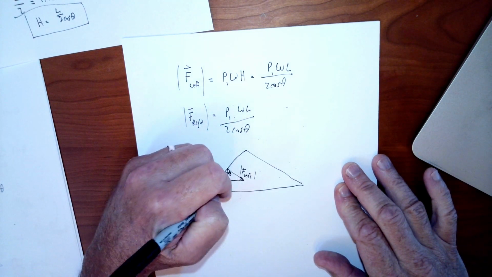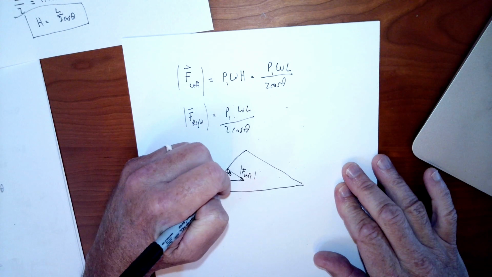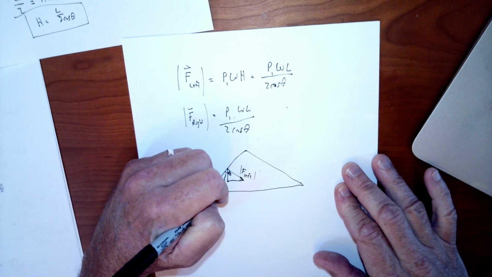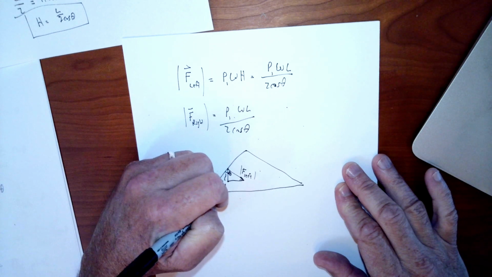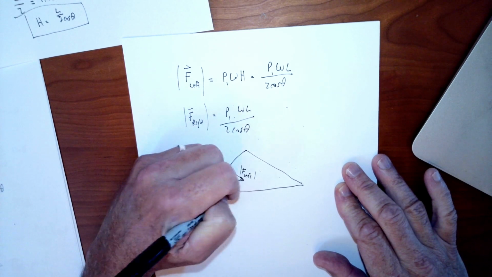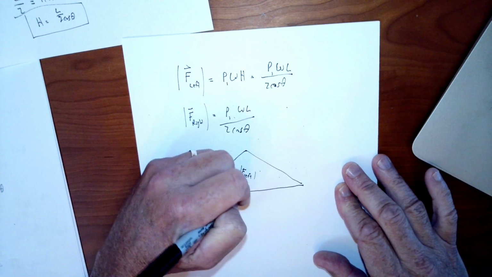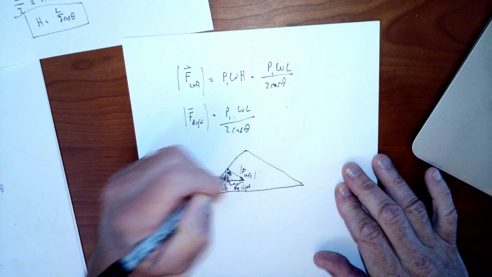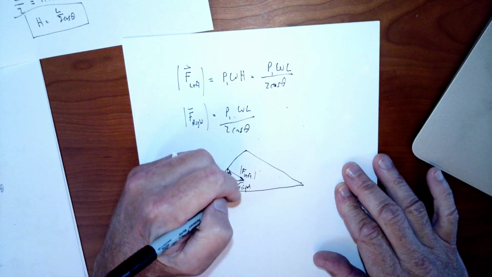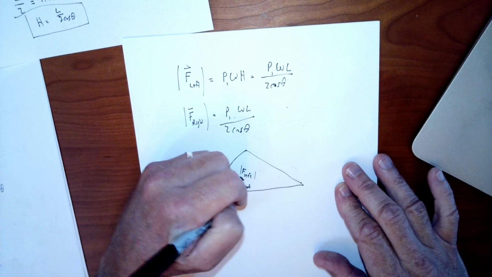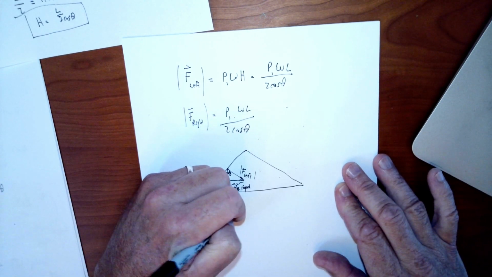So there we have that. This right here is F Y left, and this here is F Y right. Not left, sorry. F X left.